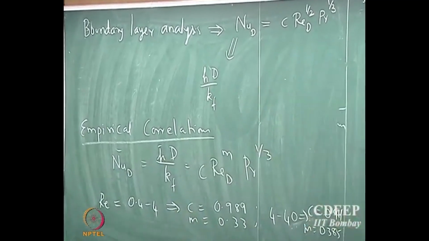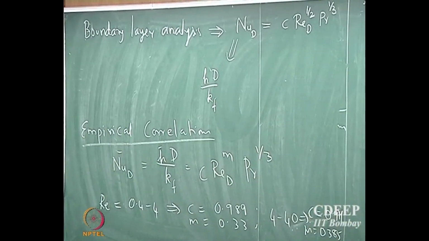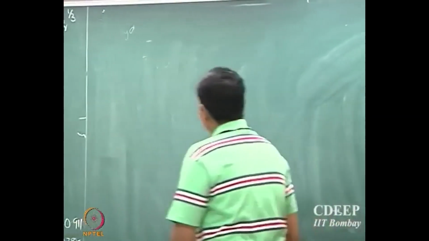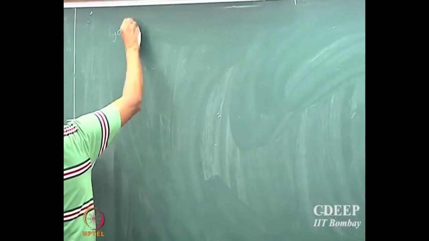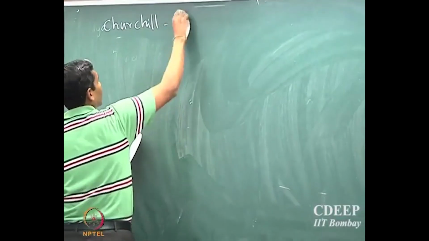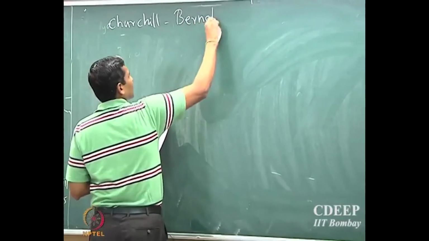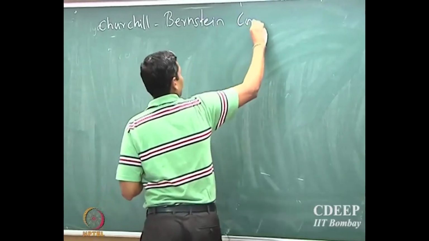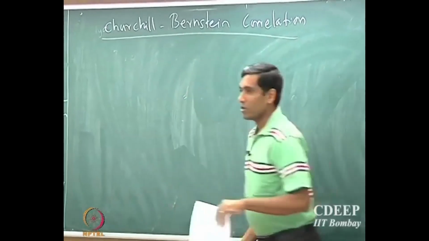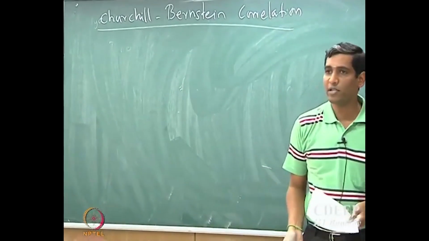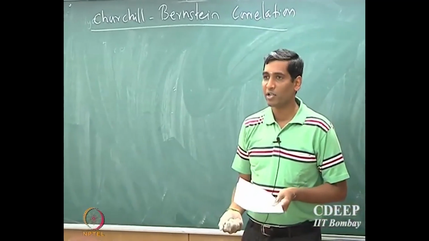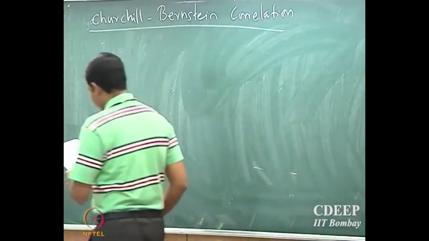So that's the correlation that's available for Nusselt number. And a general correlation is called the Churchill-Bernstein correlation, which is useful for estimating the heat and mass transport coefficient for flow past cylinders.